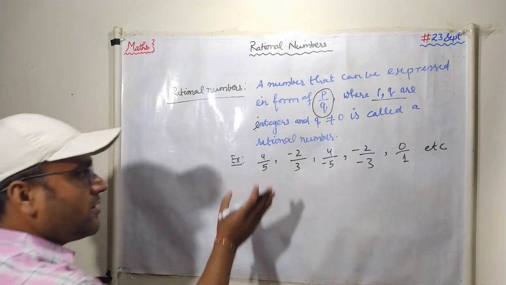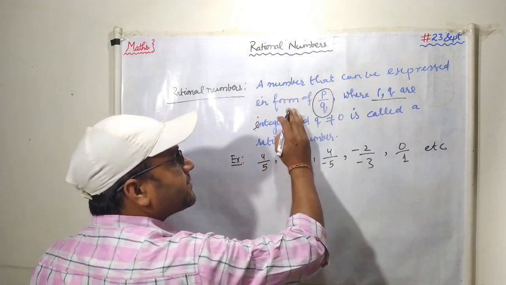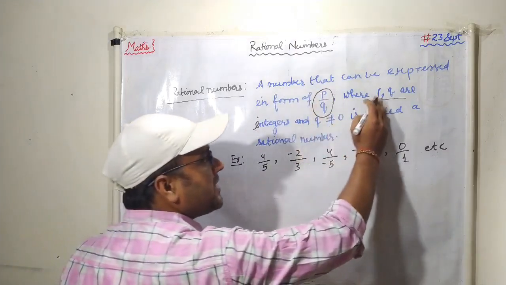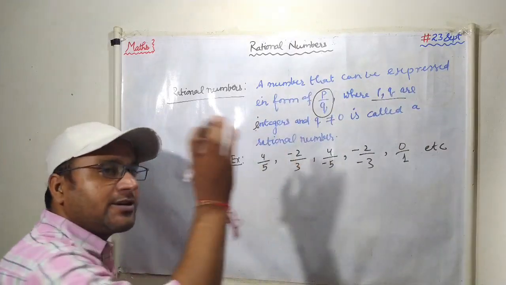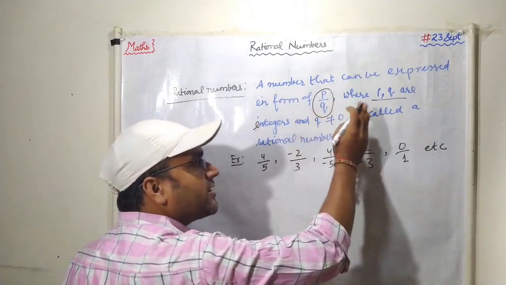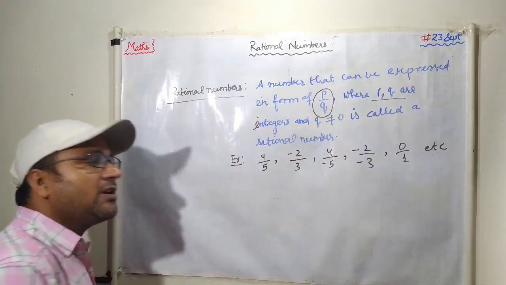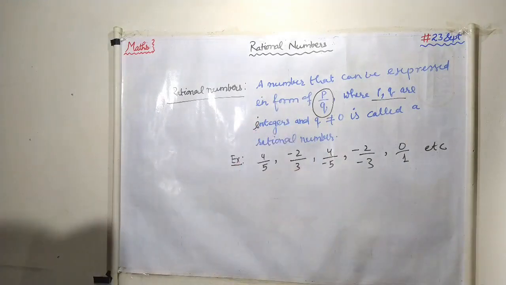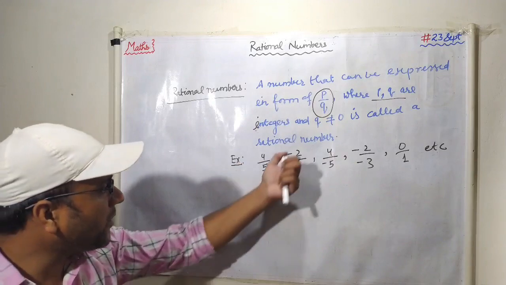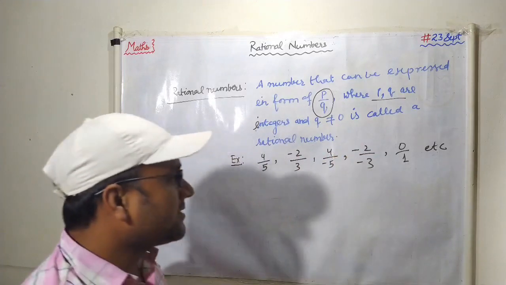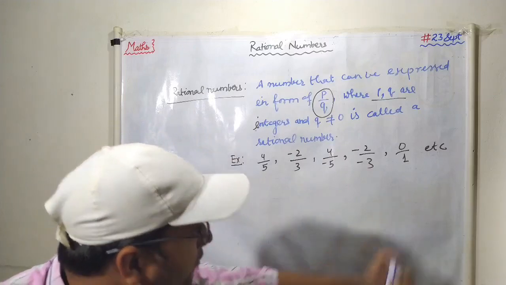The number that can be expressed as numerator upon denominator, where both are integers and the denominator is not equal to 0, is a rational number, students.